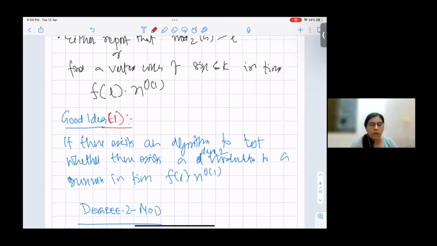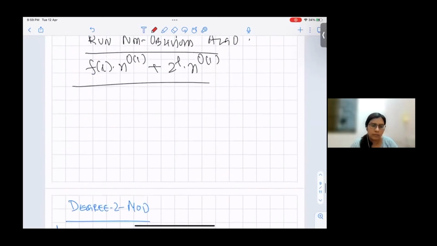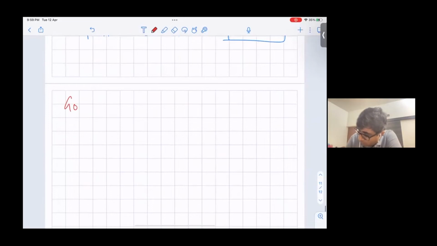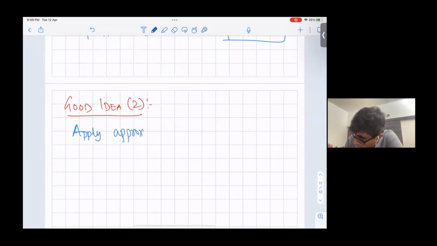If we have some approximation algorithm to find a modulator, then we can use the approximate solution instead of the optimal modulator. Okay, so here's a good idea number 2. What is good idea 2? Apply an approximation algorithm.